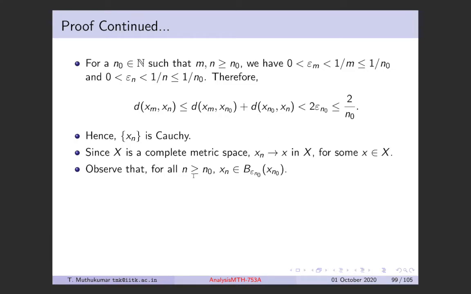Because n naught is less than n, the ball of epsilon n naught is bigger than the ball of epsilon n. So xn is contained in this ball. Therefore, the limit of the sequence should be in the closure of this ball, so x belongs to this closed ball.